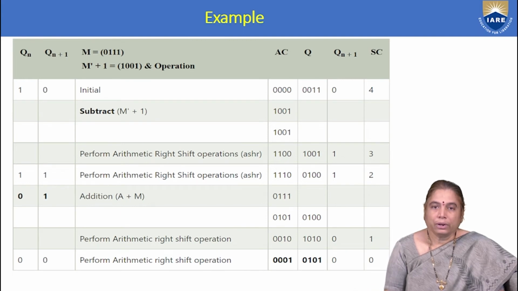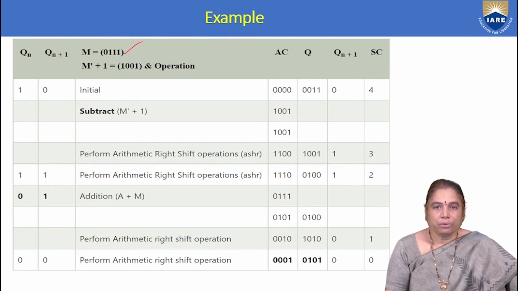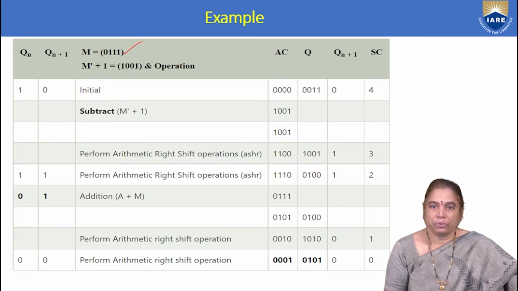So here we have taken the example as M is 0111, and in order to perform the subtraction operation, 2's complement addition can be used to find the binary subtraction.